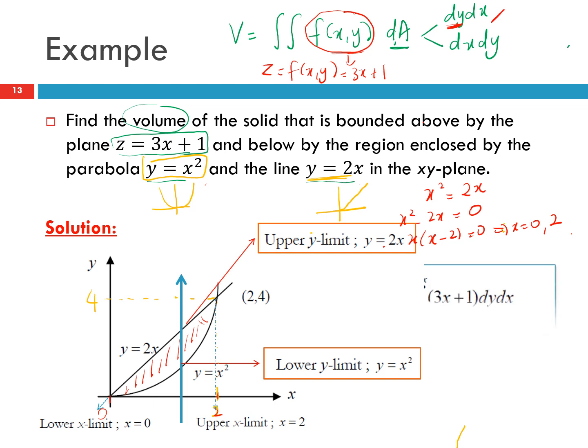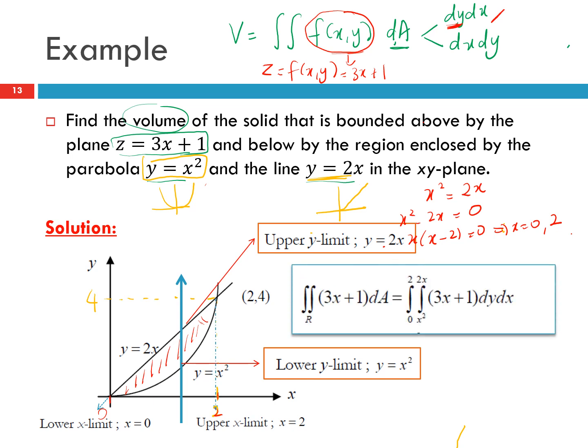And therefore we will have this double integral, where y is from x squared to x, and x is from 0 to 2. Right, so this is the integral that we need to develop.